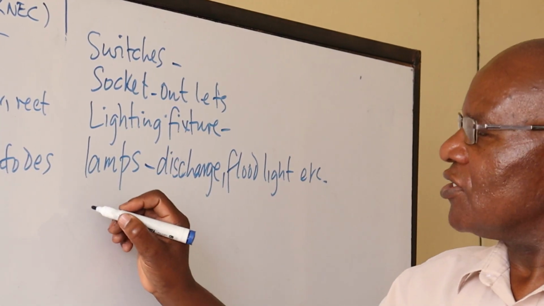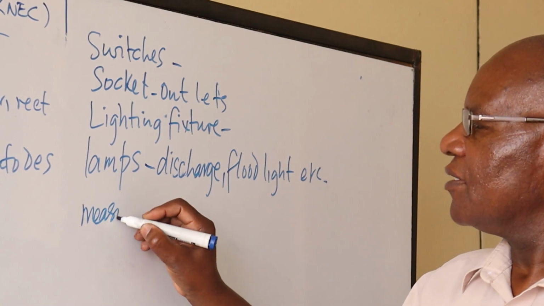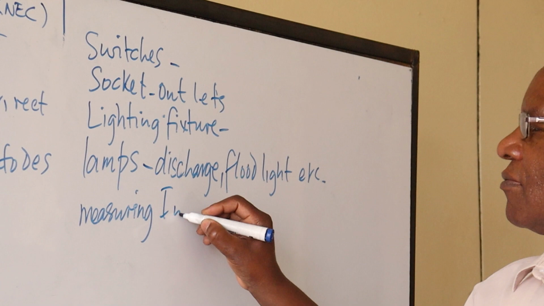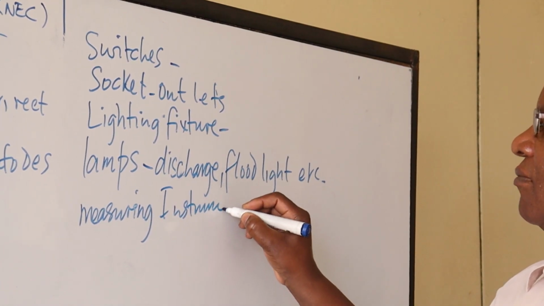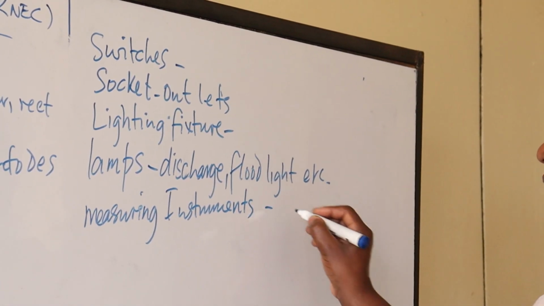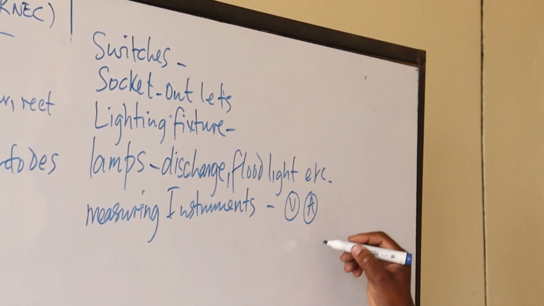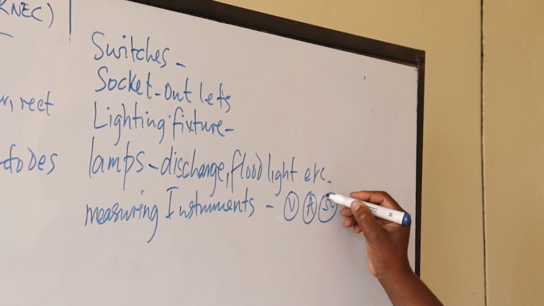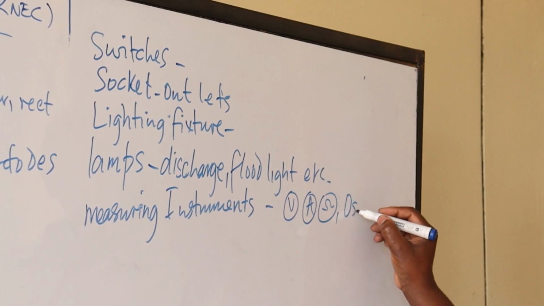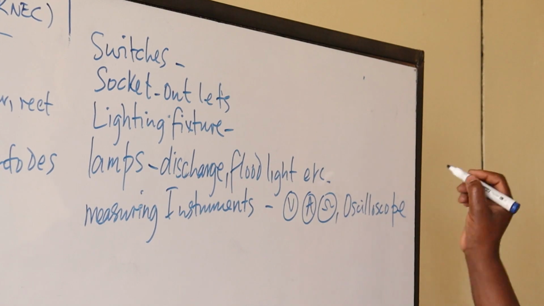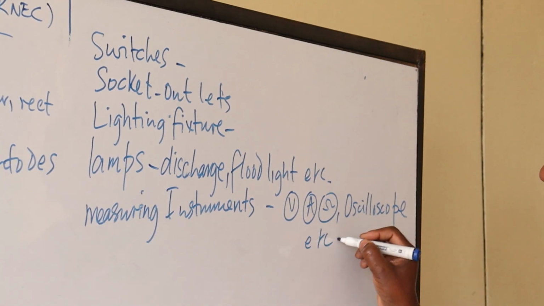Then we have got measuring instruments, the ones we know, the voltmeters, the ammeters, the ohmmeters, you've got the oscilloscope, and others.